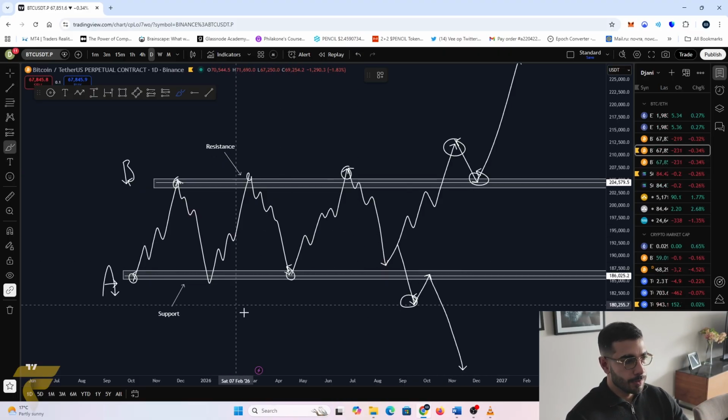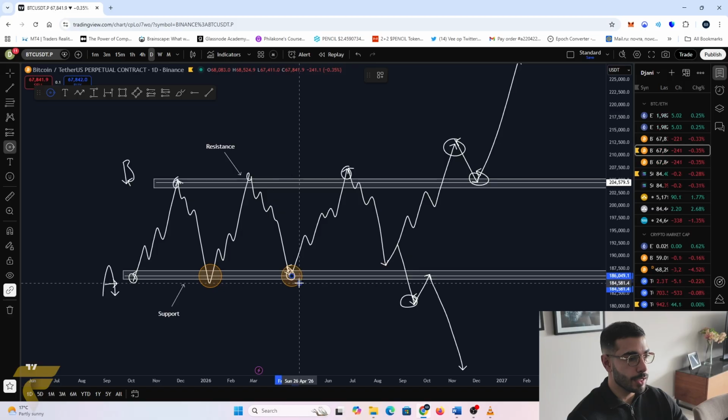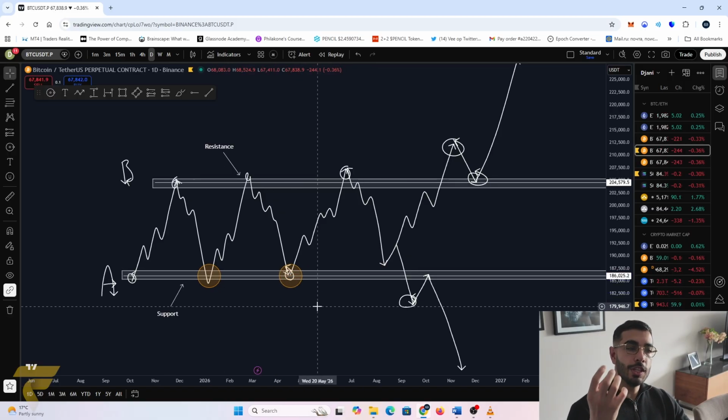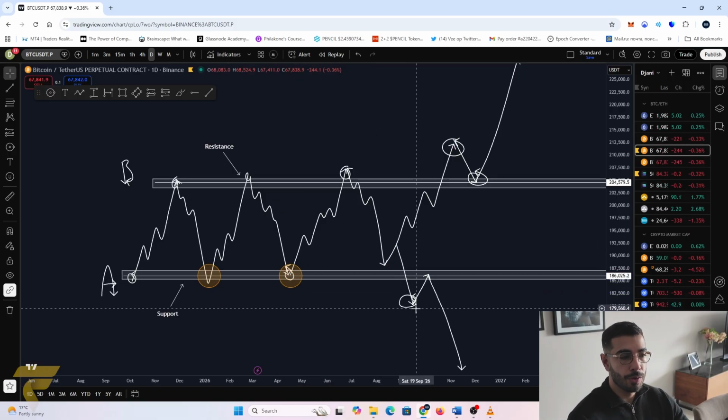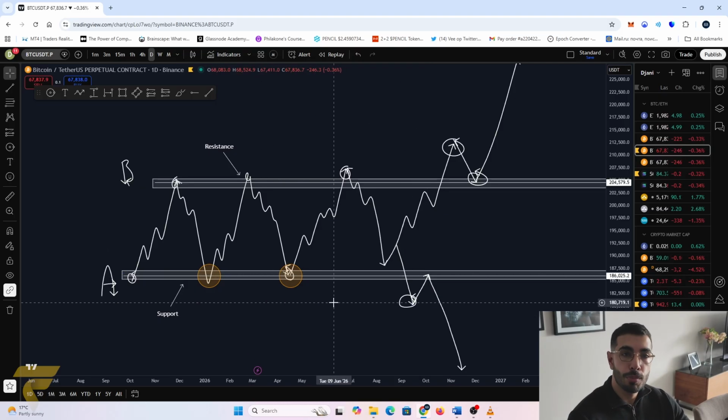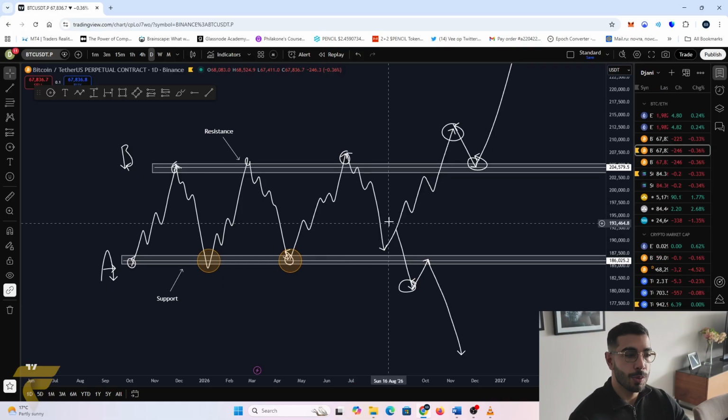However, initially something that was functioning as support. Okay, so allow me to just showcase this with these circles. Something that was initially support, whenever you break through it and you come back to test the same zone, eventually the support becomes resistance, which leads the price to eventually go down lower. Okay.